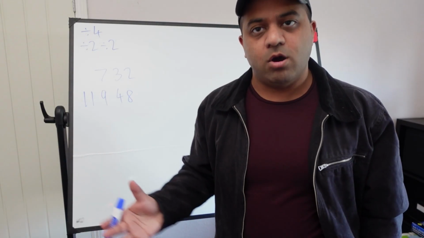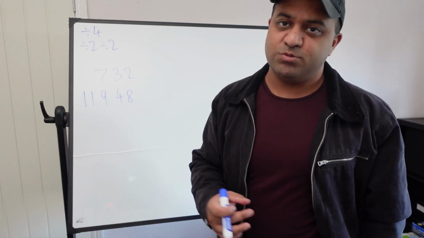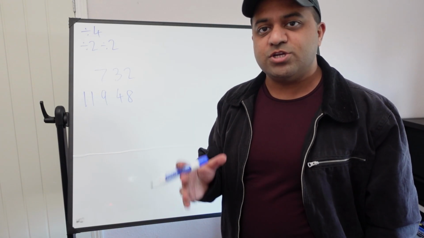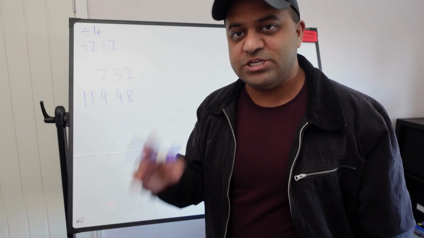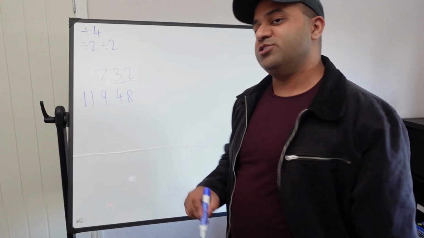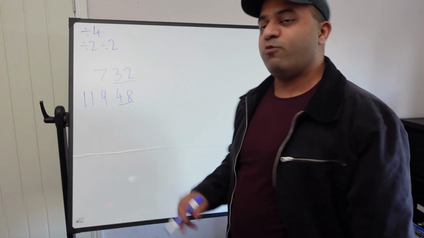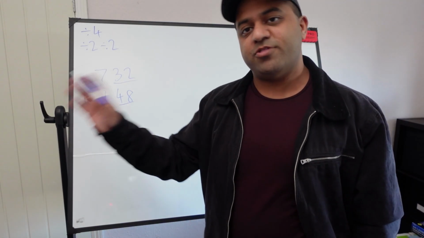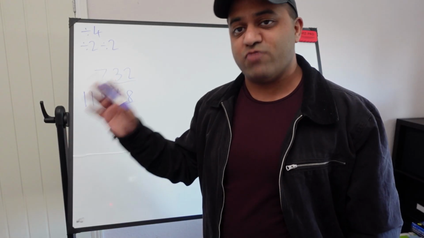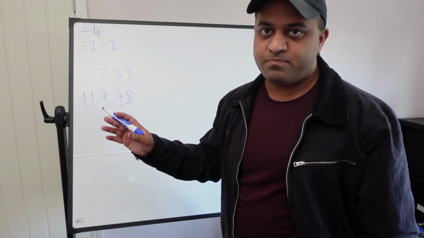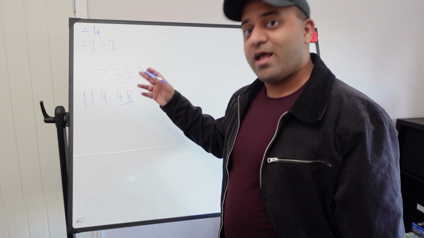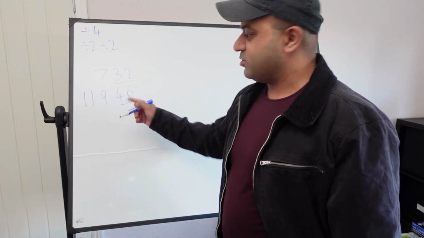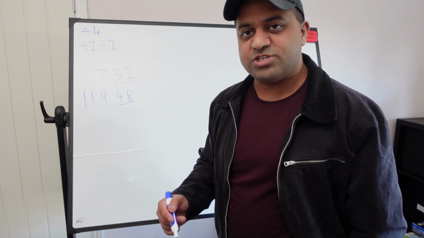But how do I know that they are exactly divisible by 4? The trick is, look at not the last digit, but the last 2 digits. 32, 48. All the other digits beyond those are irrelevant. They can be whatever. But 32 are the last 2 numbers here, and that's in the 4 times table. 48 is also in the 4 times table.